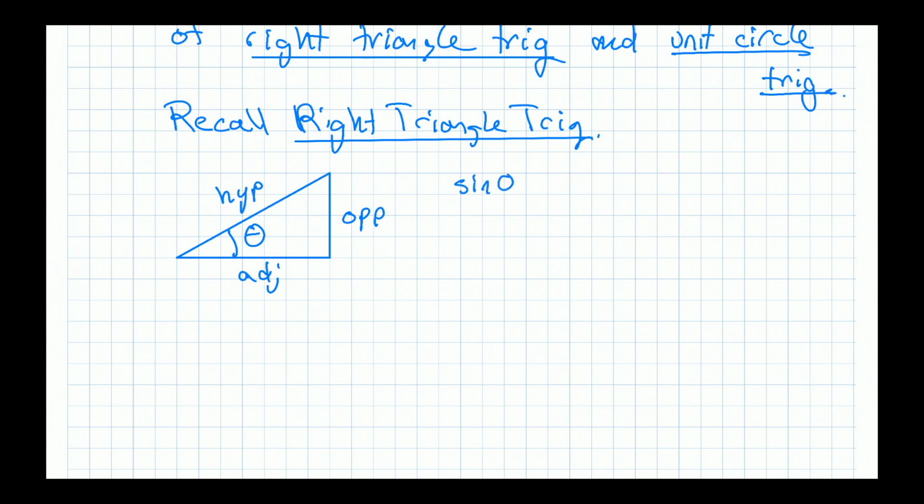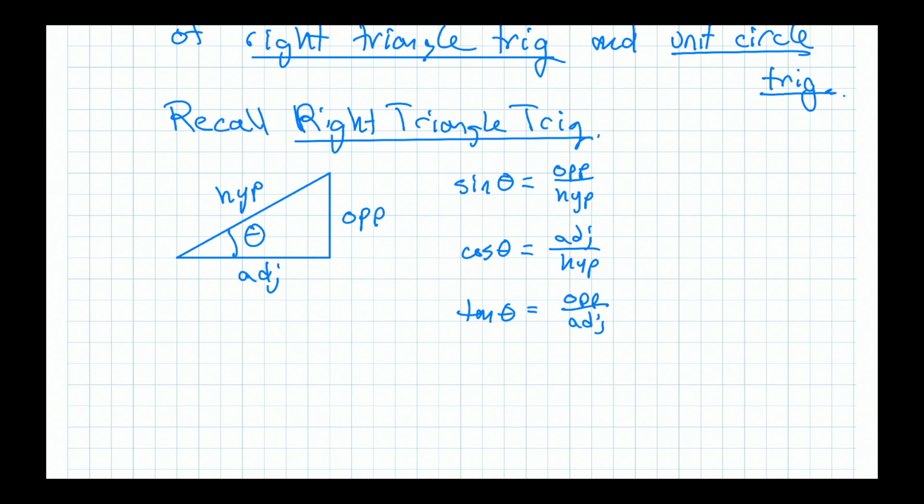We had sine theta is opposite over hypotenuse. Cosine theta is adjacent over hypotenuse. Tangent theta is opposite over adjacent.